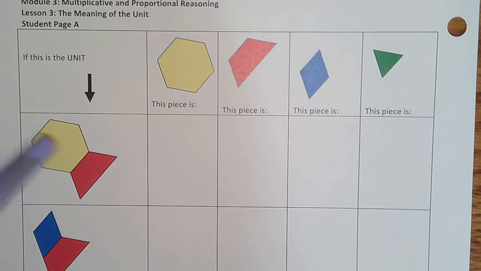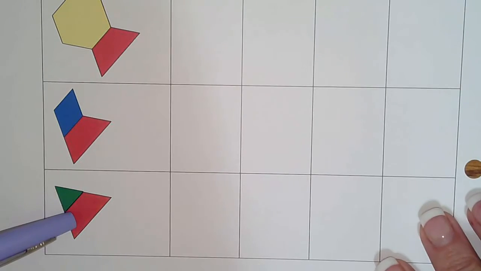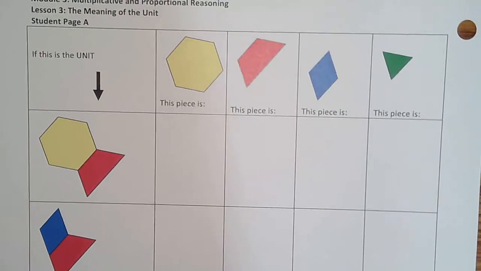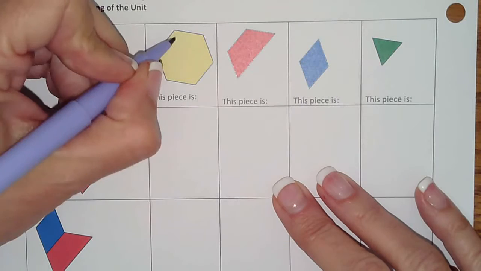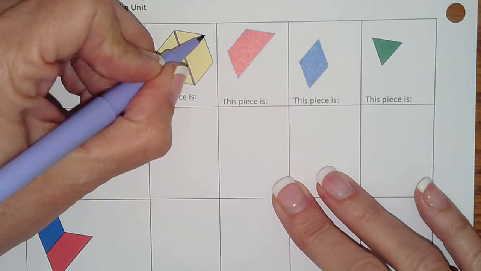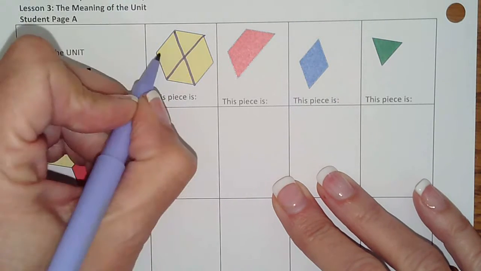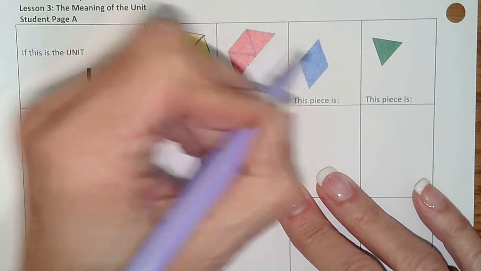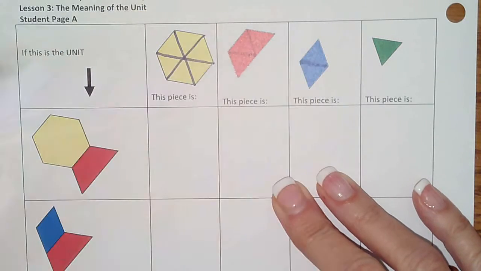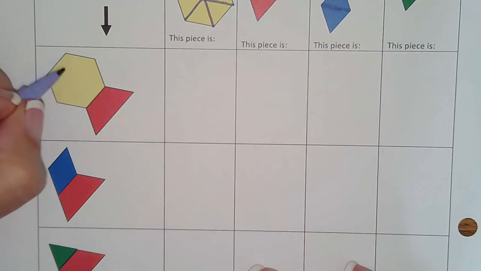I'll give you a hint on this page because the units are such weird figures. My class and I figured out last semester it's much easier if you divide everything into triangles. So take your, there's triangles, there's the triangle, there's the triangle, and then do the same thing with all of these.